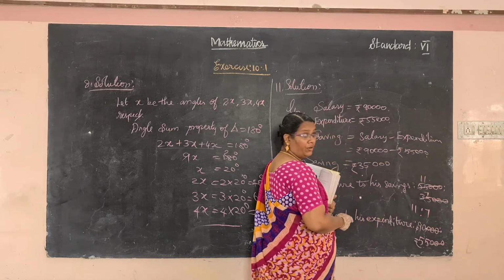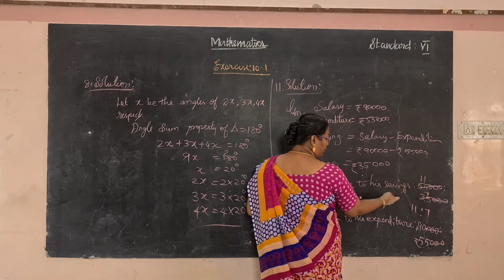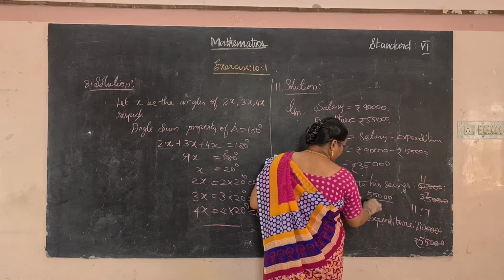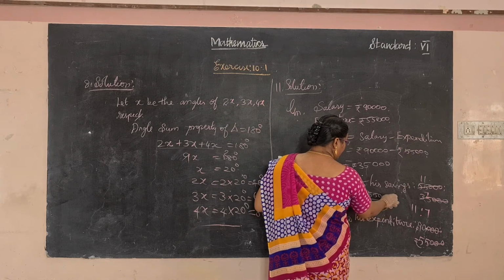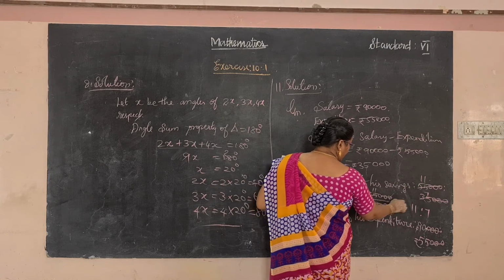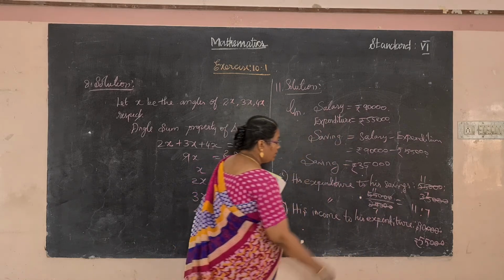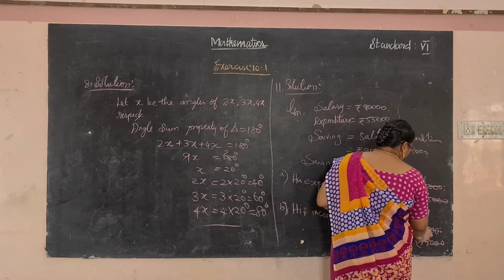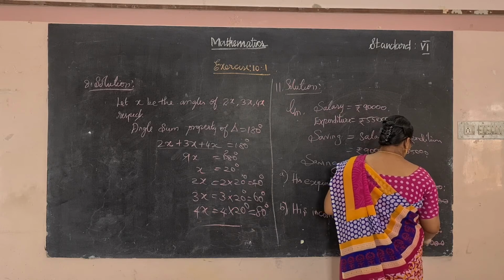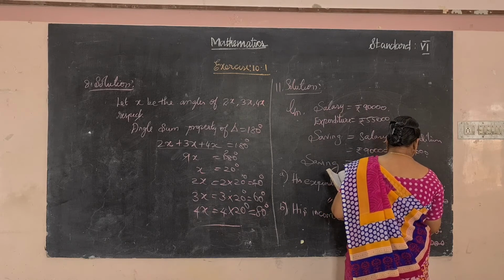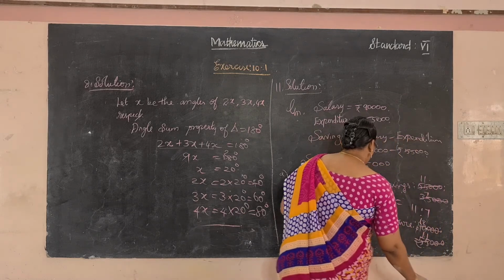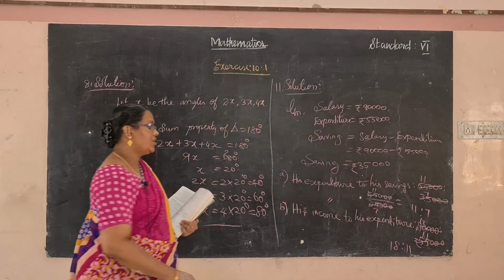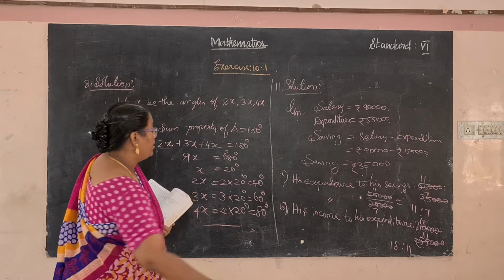How can we simplify it? The ratio converts to a fraction, so 55,000 by 35,000 simplifies to 11/7. Here also the same: we get 90/55, which cancels in the 5 table to 18/11. So 18:11. His income to his expenditure is in the ratio 18:11.